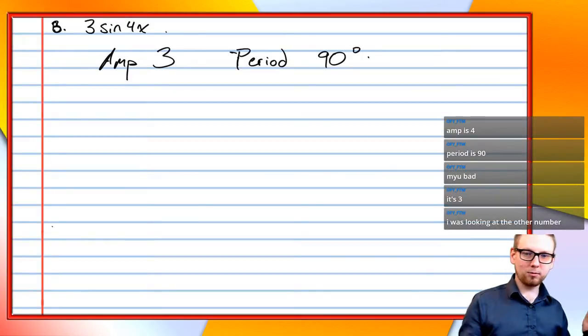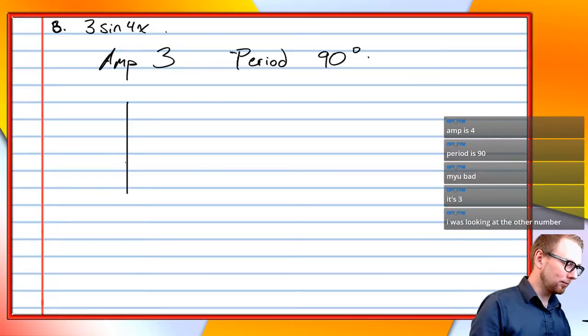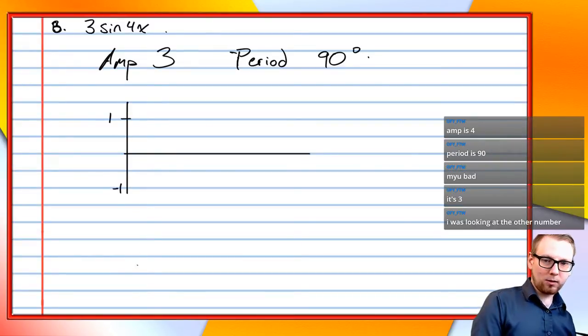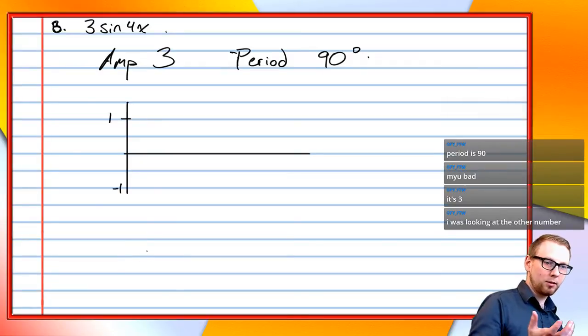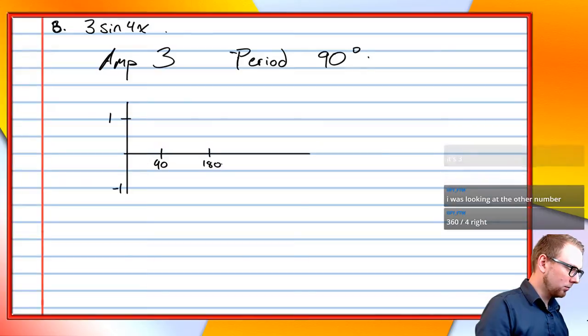Okay, so let's start with the base graph. Sine goes from -1 to 1, and sine of 0 is 0. So 90, 180, 270, 360.